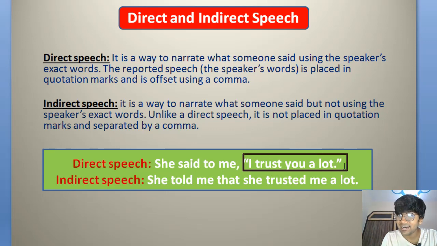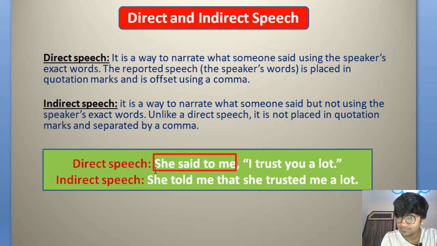These words are coming directly from the speaker and we use a comma to separate this part from the rest of the sentence. This part is called the reported speech, and the part that you say is called the reporting speech. She said to me: subject, reporting verb, to preposition, me is the object.